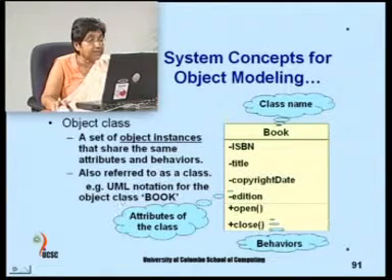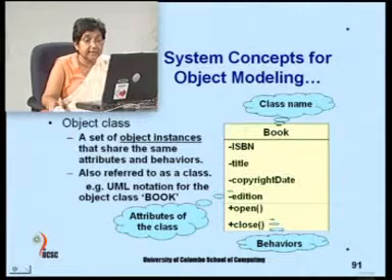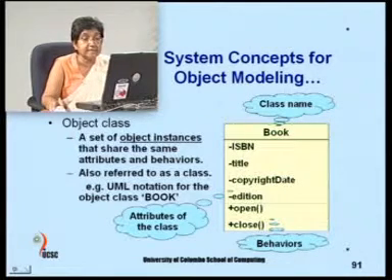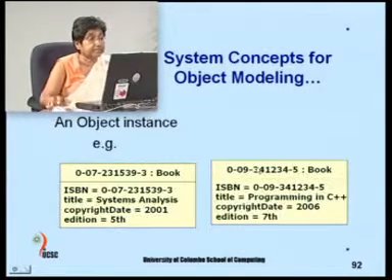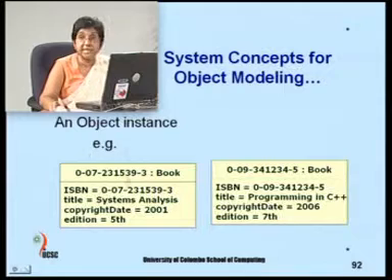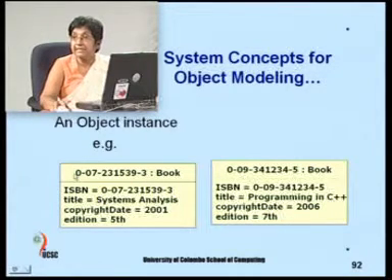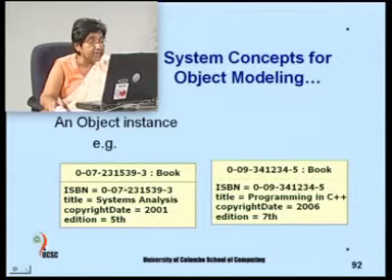UML notation for the object class book: in UML, you show the object class with this kind of notation. Now, if we look at an object instance of the class book, here we write the ISBN number, because that is the key by which you identify an instance. The ISBN number varies from one instance to another.